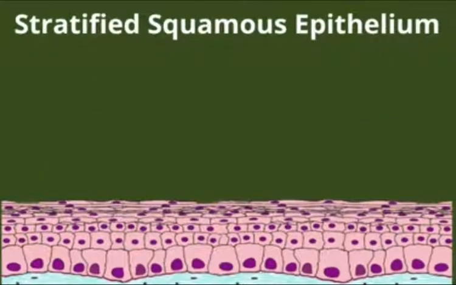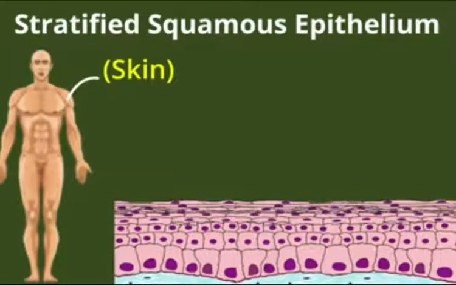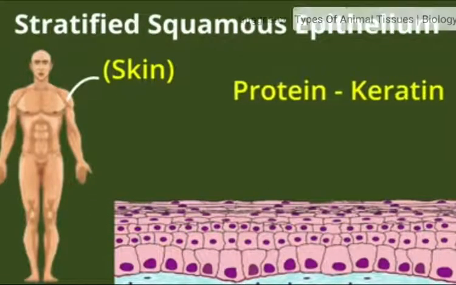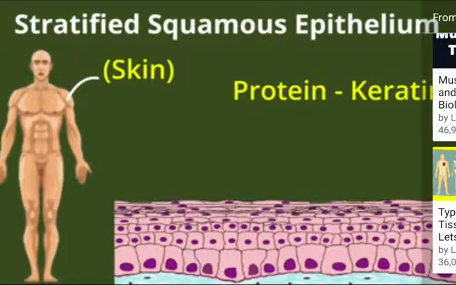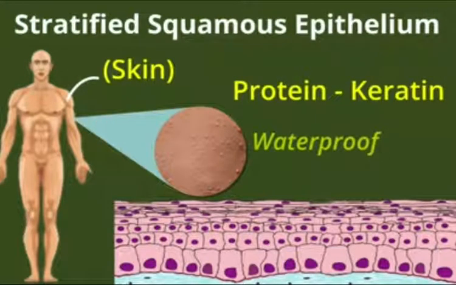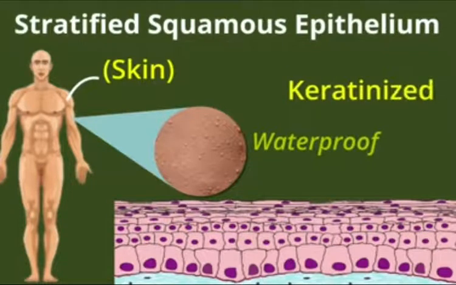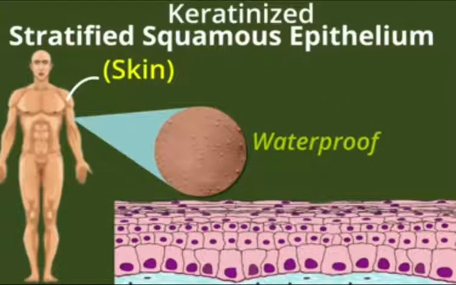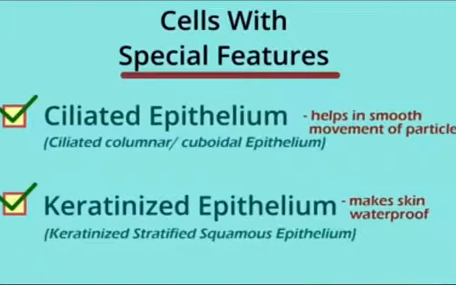Next one, keratinized. In the stratified squamous epithelium, as the skin is covered, skin has a protein called keratin. So it gives waterproofing to the body. That is the name keratinized stratified squamous epithelium. The name is quite big, students.